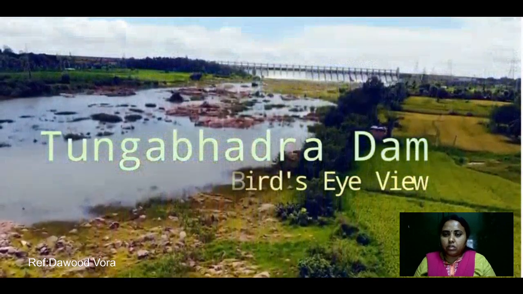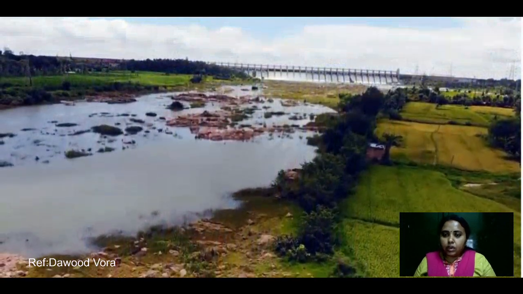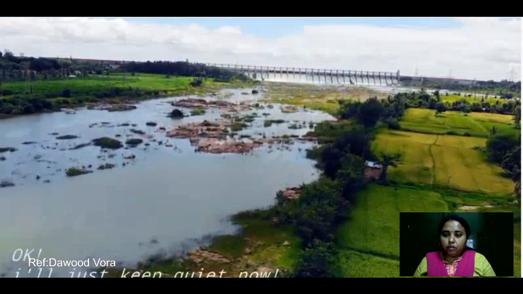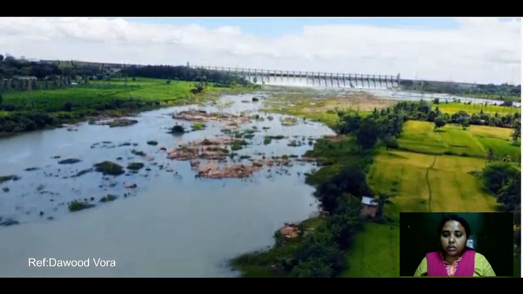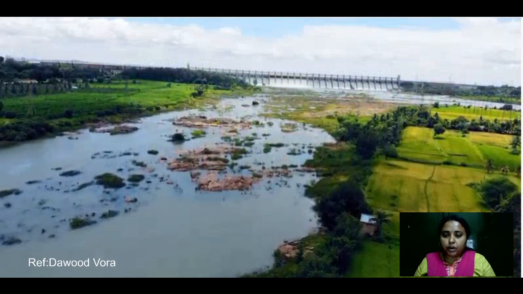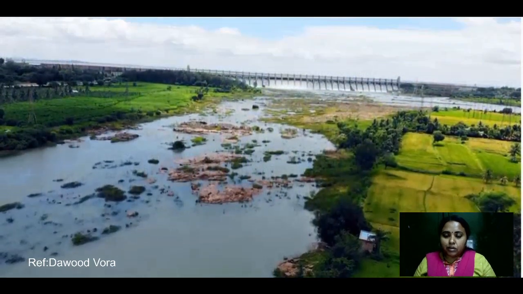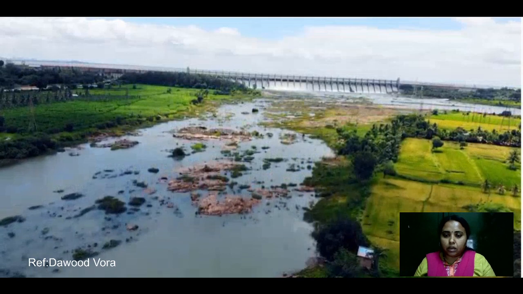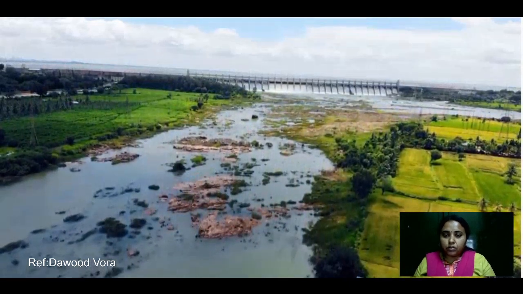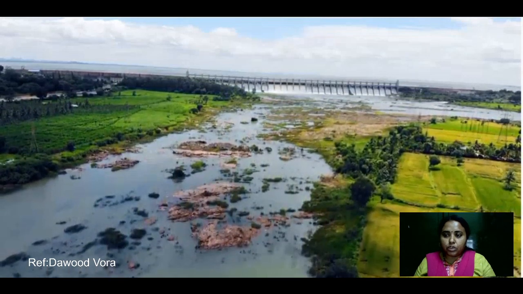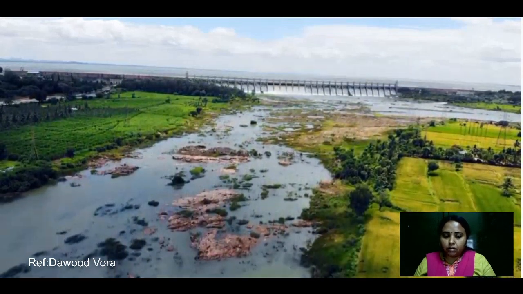So here in this video you can see the condition of the river, where there is a large deposit of sediment accumulated on the riverbed, and also you can see the growth of vegetation here. Now this particular video shows the present condition of the river.